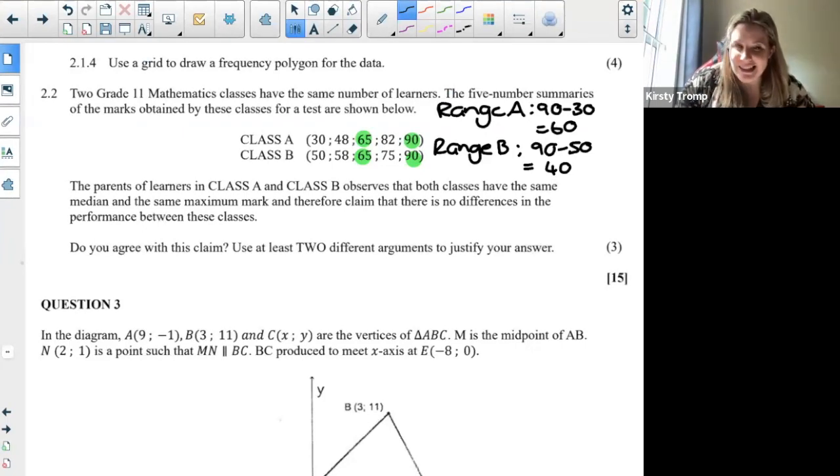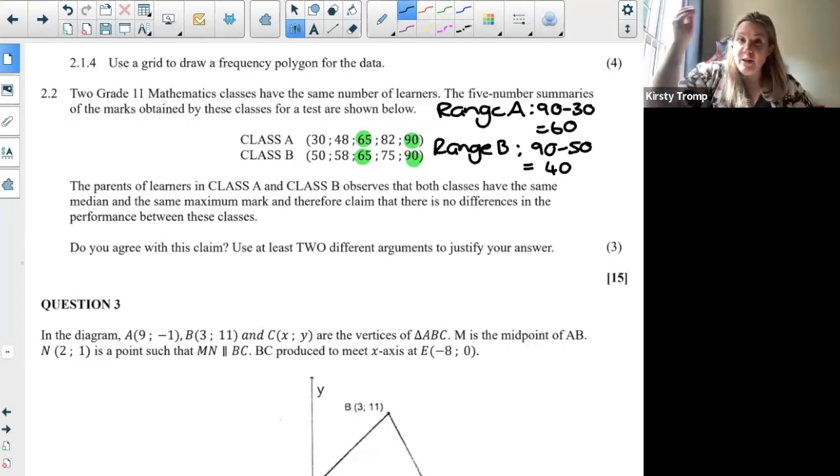What does that mean? It means that the range of class A is a lot higher, or bigger, than the range of class B. Therefore, that means that the marks in class A are a lot more spread out than class B. So in class A, people got more of a variety of marks.